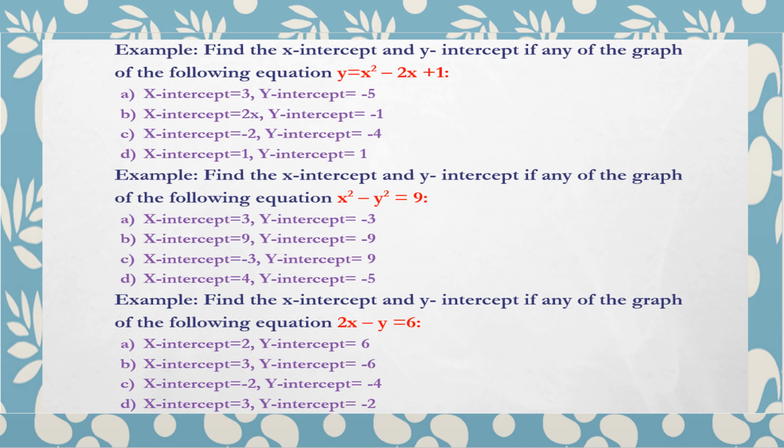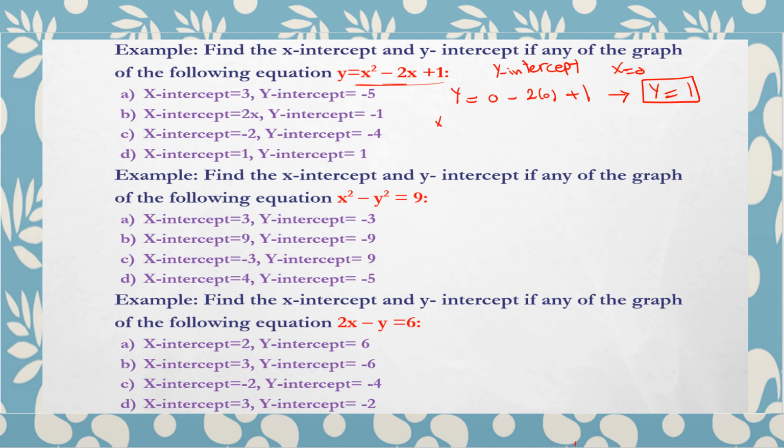Again, find the x-intercept and y-intercept for the following equation. Y-intercept: we set x equals 0, so y equals 0 minus 2 times 0 plus 1, then the y-intercept equals 1.